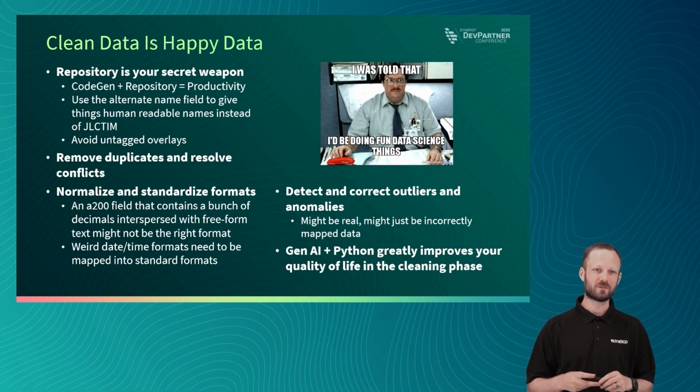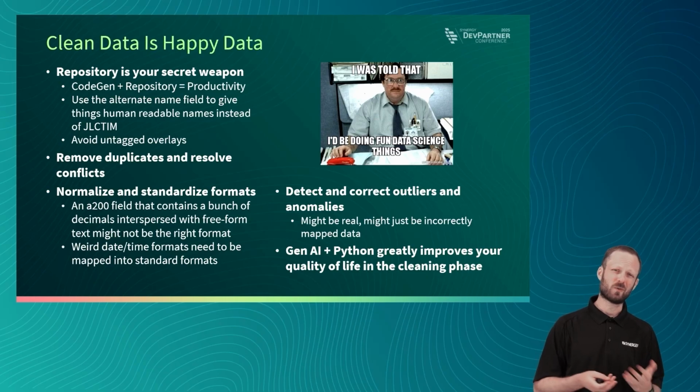I've seen more than a few JLCTIM variable names kicking around in people's records, and that means something to you all deep in the bowels of your software. But it doesn't really mean anything to people outside of your very immediate correspondence.